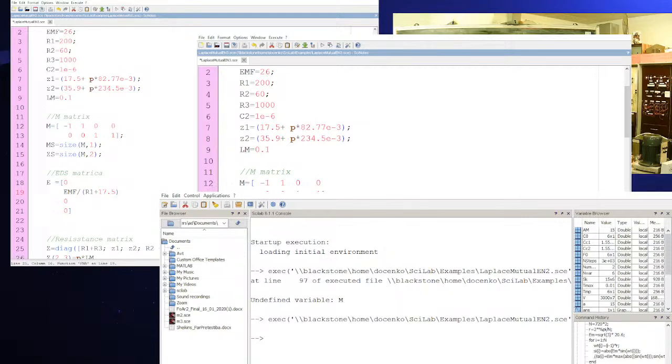17.5. If I turn this nice clock upside down, I'll see that the active resistance of the primary coil is 17.5 ohm. And its inductance is 82.77 millihenry. It's a self-parameter of the coil. So here I have this and I need to multiply it.